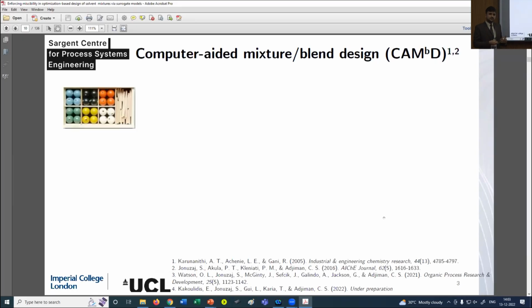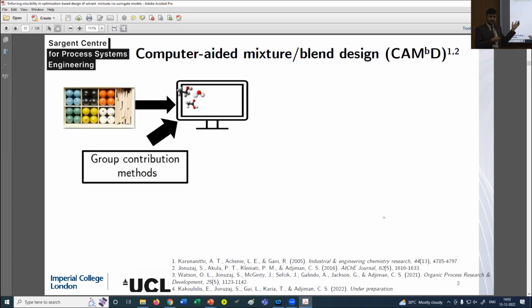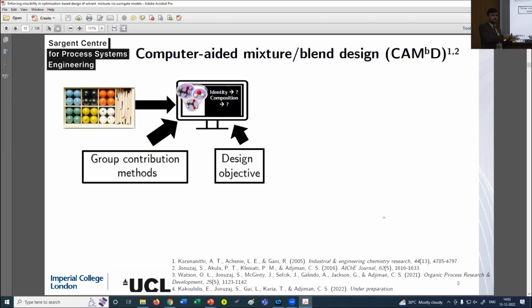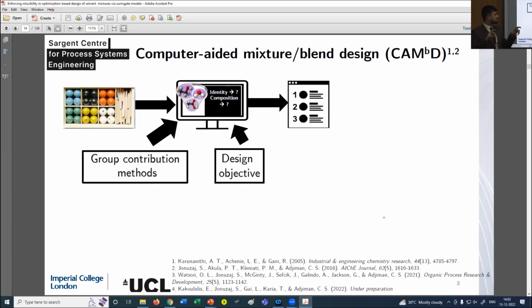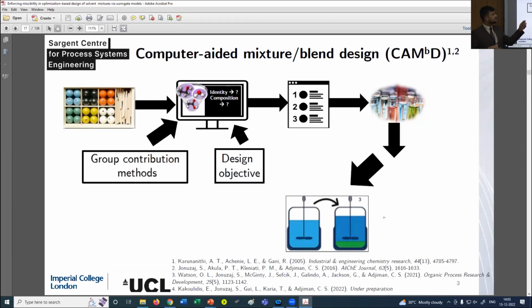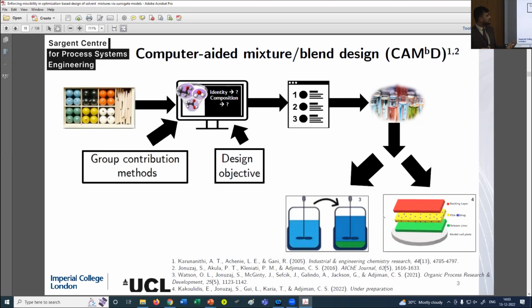We start with a set of atomic groups, and we play Lego with them, and we use something called group contribution methods to link the structure of the molecules with its properties, and then we formulate an objective and an optimization problem to get the identity of the optimal mixture and its composition. We can solve this model several times to obtain a ranked list of promising mixtures, which we can then verify experimentally to design better processes or better products.